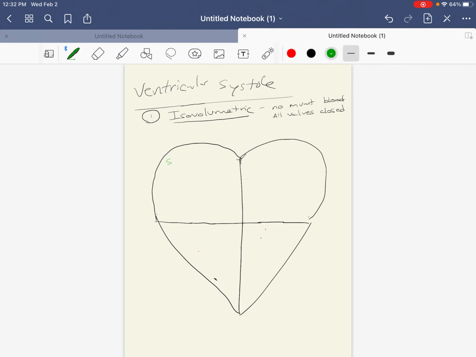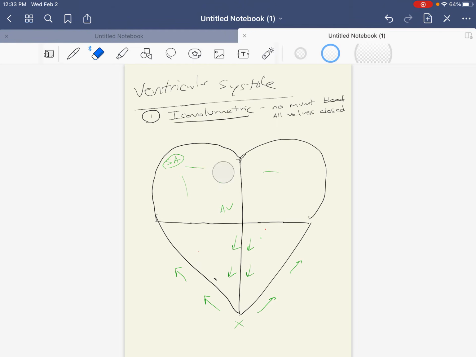So we may recall, right, the SA node initiates the nerve impulse through spontaneous depolarization, spreads to both atria, gets to the AV node, gets to the AV bundle, travels down the interventricular septum, reaching the apex of the heart, and then the nerve impulse travels up the Purkinje fibers.